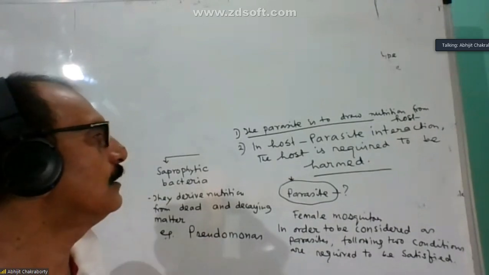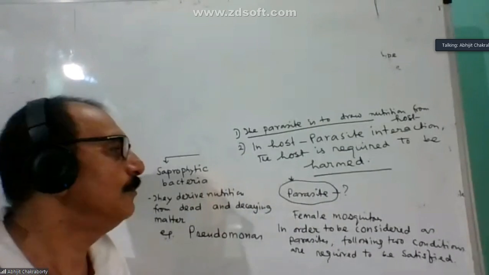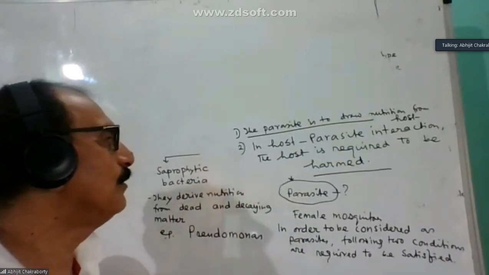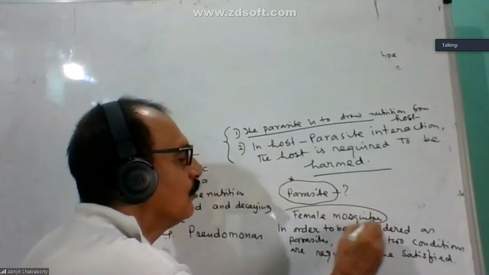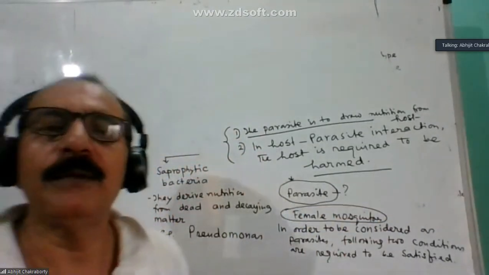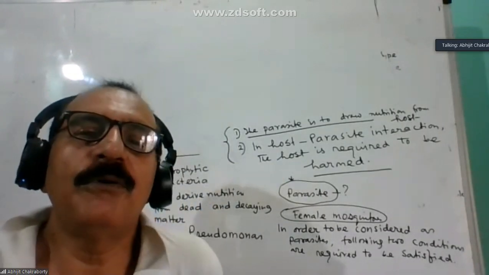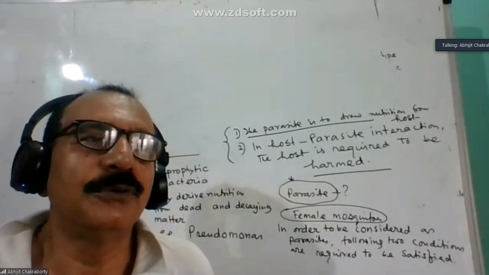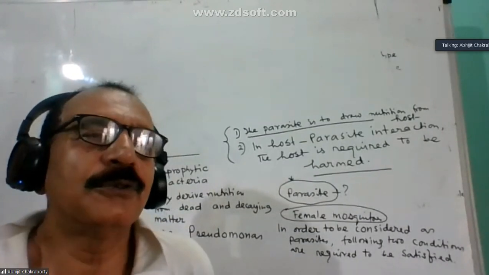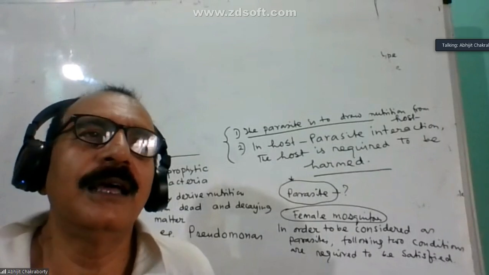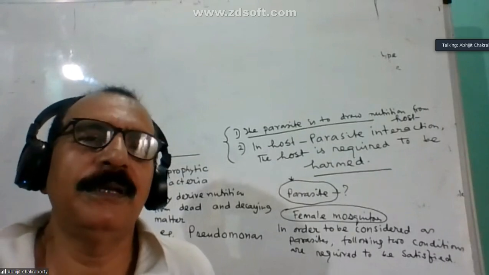So this is what about the parasite. If these two conditions are required to be satisfied, then think about the female mosquito. Female mosquito is sucking blood from us. This is true. But can the amount of blood sucked by a mosquito do harm to us? If mosquitoes are biting throughout the day even, how much blood can be sucked by them? 10 ml, 15 ml?